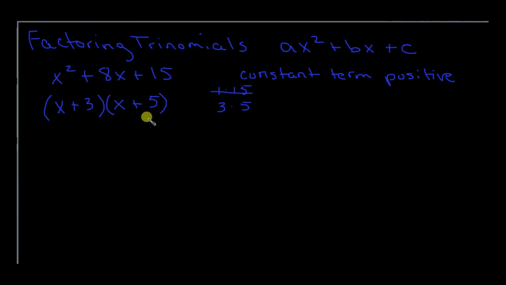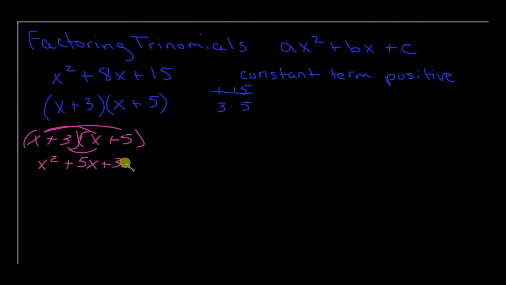The way to check your work is to use the FOIL method. Let's do x plus 3 and x plus 5 and see what we come up with. x times x gives us x squared. x times 5 gives us positive 5x. 3 times x gives us positive 3x.